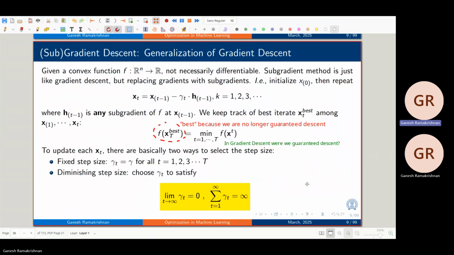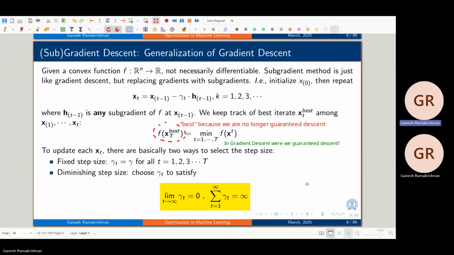Now, how does it diminish? One way is you can say, well, limit as t tends to infinity, gamma t goes to 0, but under the condition that the gamma t's themselves don't have a finite sum. What does that mean? What does it reflect on the diminishing nature of gamma t's?